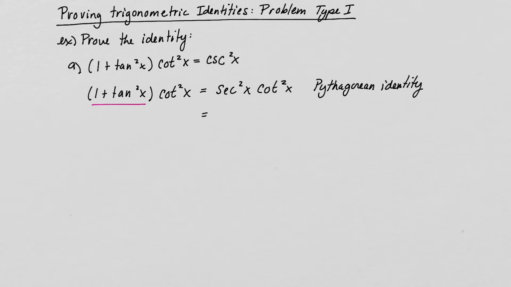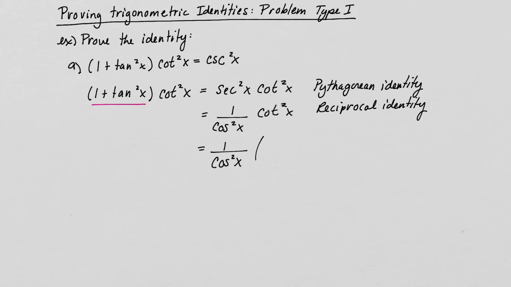I've got this secant squared and this cotangent squared, so I'm going to change both of these into sines and cosines. We'll take care of the secant squared first. I can replace secant squared by 1 over cosine squared x times cotangent squared x, and all I did there was use a reciprocal identity. Now I can replace cotangent squared x with cosine squared x over sine squared x, using a quotient identity.